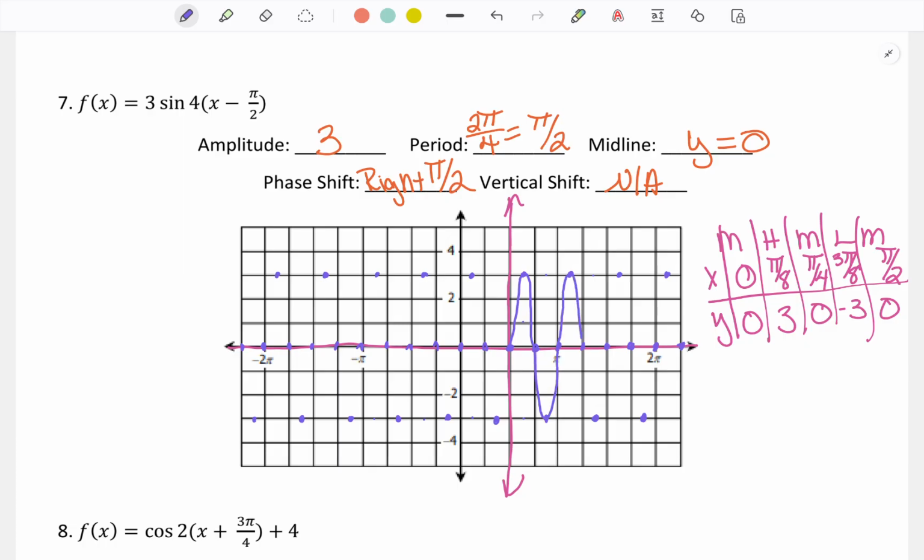Try to have as smooth of a curve as we can get. And there we go. It's not perfect, but it is there.